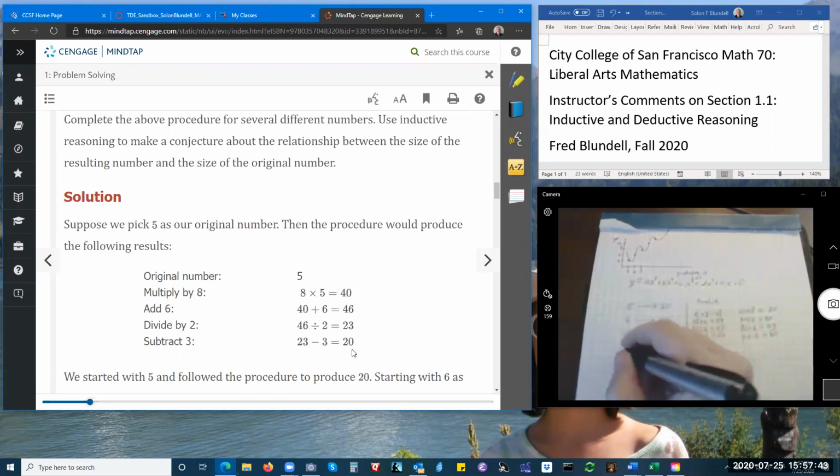You could make a guess or a conjecture that the procedure simplifies so that what you're really doing is you're just multiplying times 4.